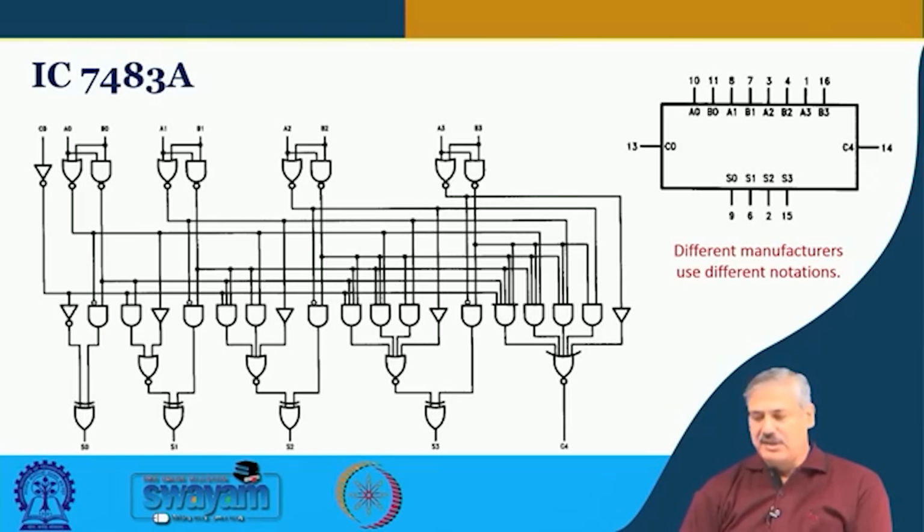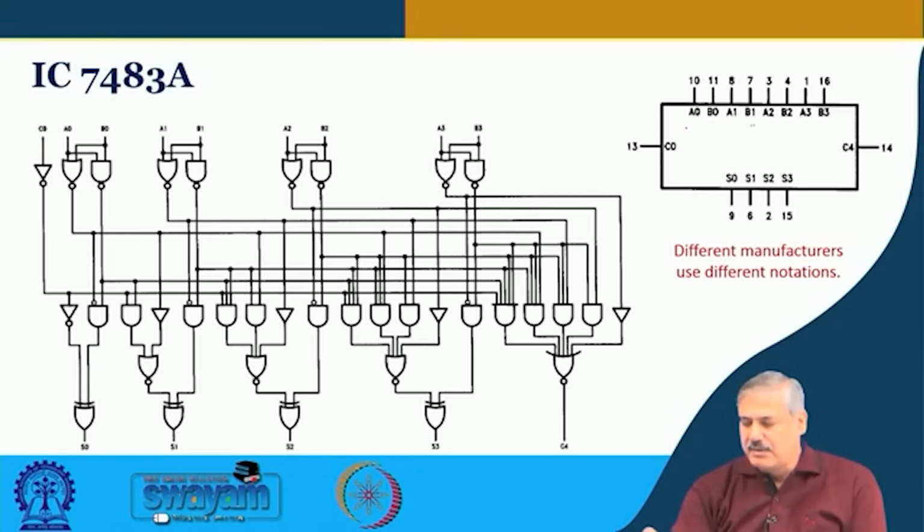Different manufacturers have different ways of representing the numbers. Here A0, A1, A2, A3 and B0, B1, B2, B3 are mentioned, and the output is S0 to S3, the same nomenclature we have followed. But for the input carry they use C0 and for the final output carry C4, instead of C minus 1 and C3.